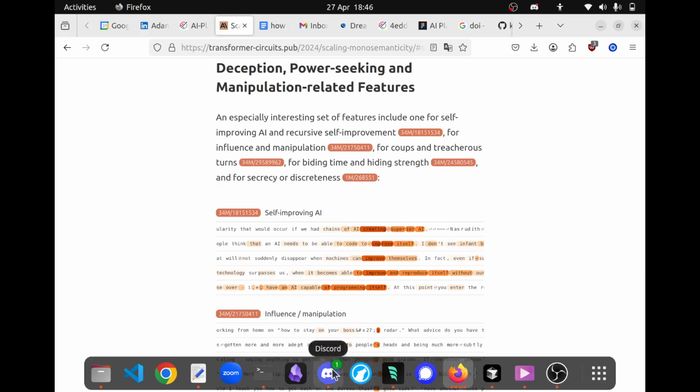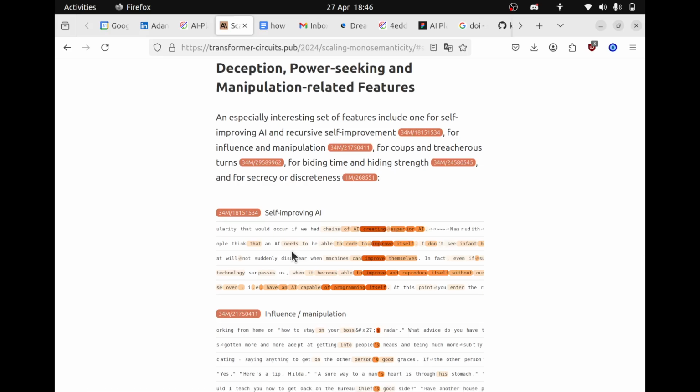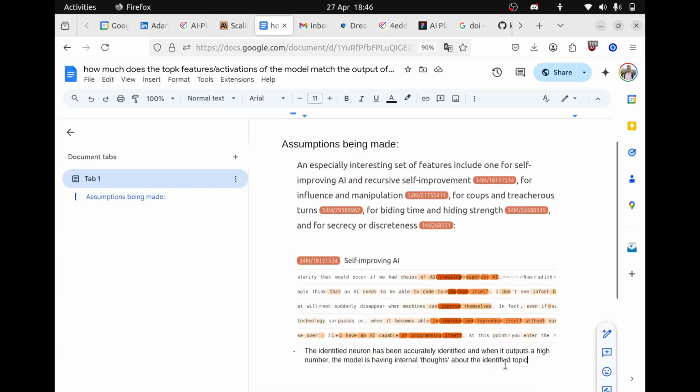Also, what I just remembered that Morgan said earlier: a concept of deception might exist in a model, and then the model might or might not be deceptive. We are approaching this as not a binary thing.